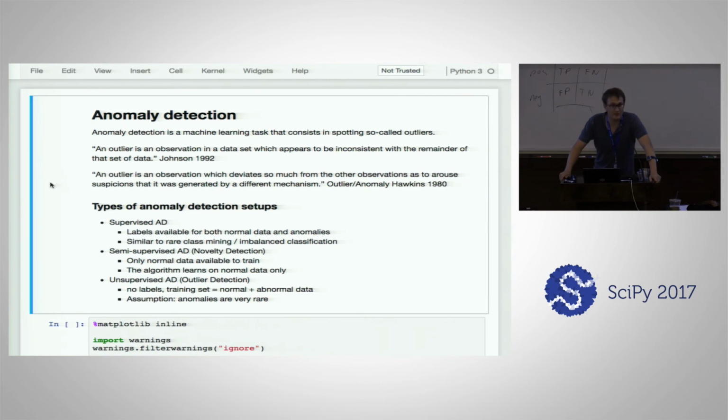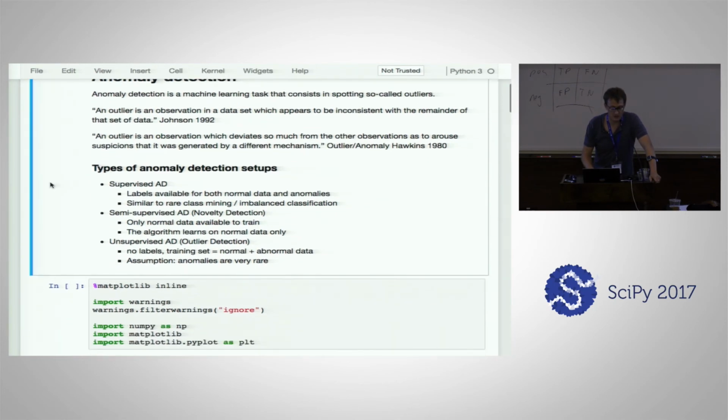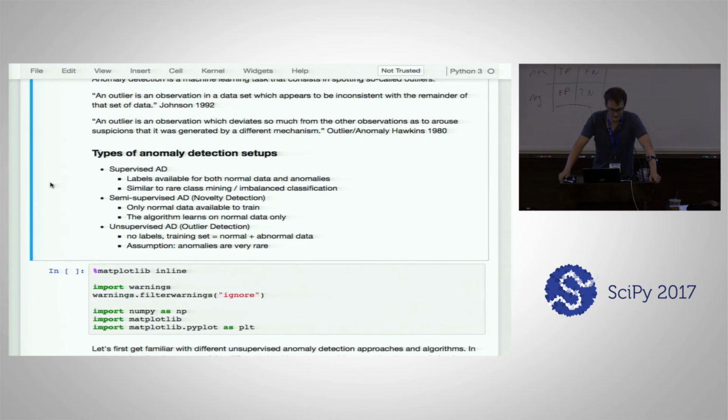So there are different types of anomaly detection depending on the setup, and let me try to simplify all this. We mentioned this idea of supervised and unsupervised learning. The first one, which is not really the one that I'm going to cover afterwards, is supervised anomaly detection.